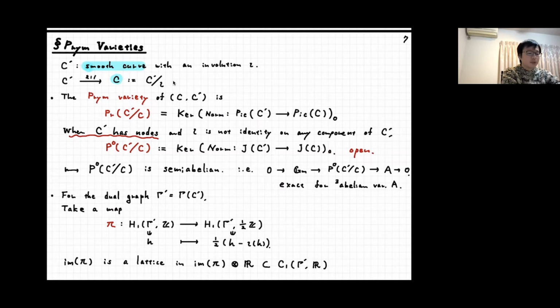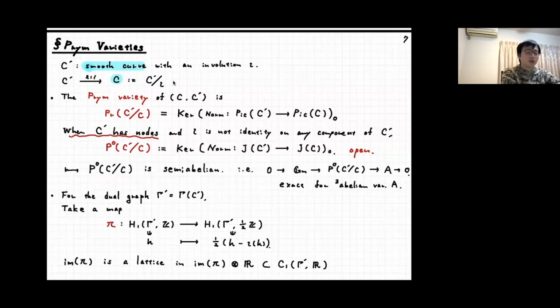But the problem is that when we define the generalized Prym variety this way, it is an open variety. The reason why this definition of P naught is appropriate is that those Prym varieties are abelian, and similarly, P naught is semi-abelian.